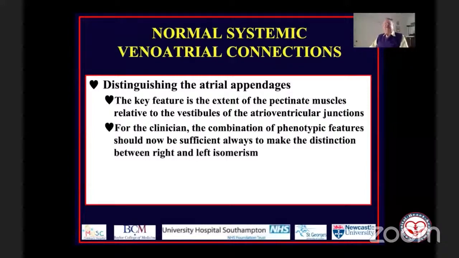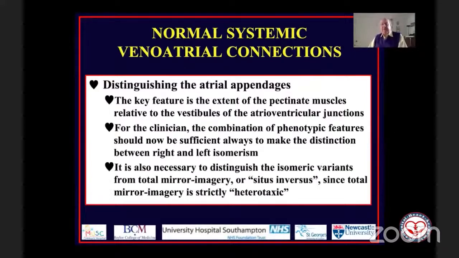Once you have established that the appendages are isomeric, of course, I think it's now fair to say that you as clinicians will always be able to distinguish the subsets of right and left isomerism. That gets us back to the situation, how do we distinguish the atrial appendages?